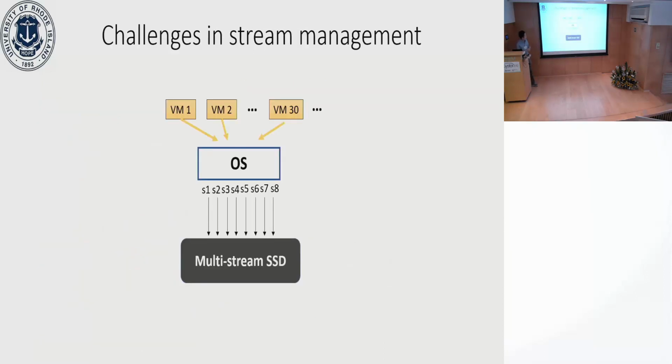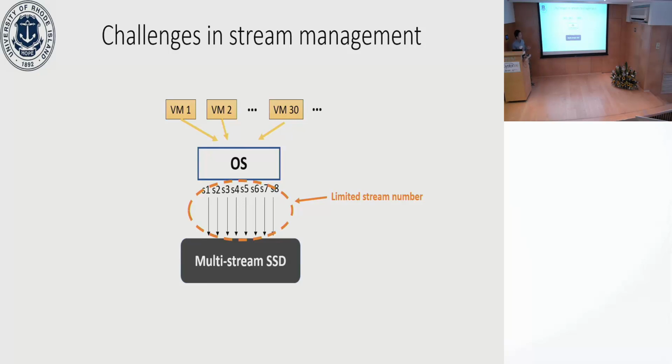There are several challenges in stream management. The first is that we only have a limited number of streams provided by the multi-stream SSD. Typically, there are only 8 to 16 streams. However, one SSD may be shared by several tens of virtual machines or hundreds of applications.